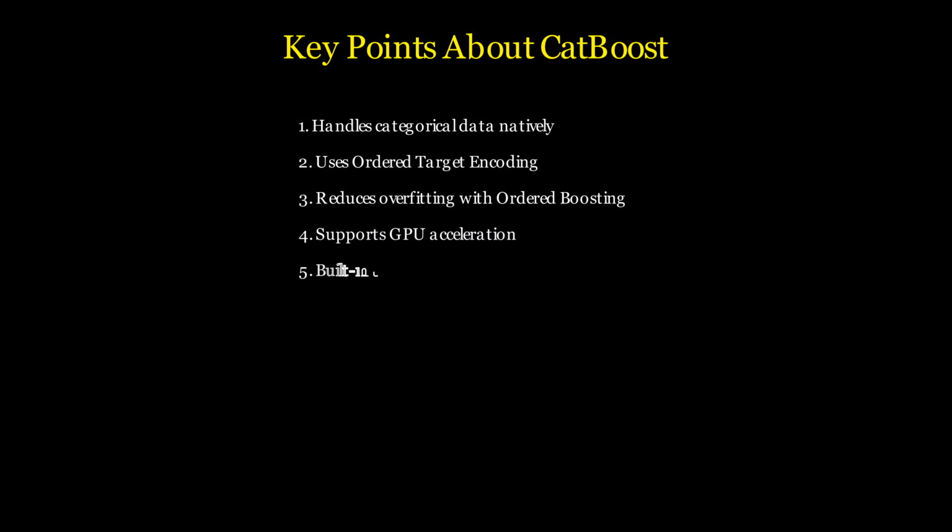CatBoost provides tools like feature importance and SHAP values for better model interpretability. CatBoost can handle missing values in the dataset without requiring imputation.